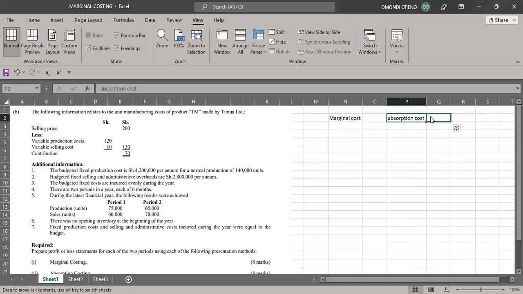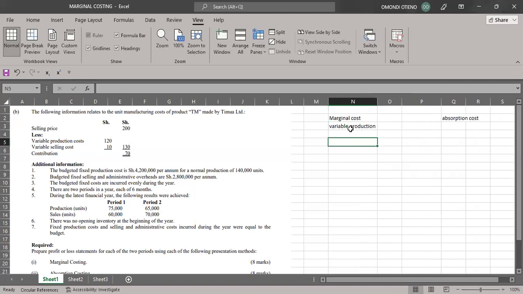So under marginal cost, we have what we call variable production cost, which is normally direct material, direct labor, plus variable production overhead. But now you can see they have combined all of them, both variable direct production cost and of course variable production overheads, together to give us 120.